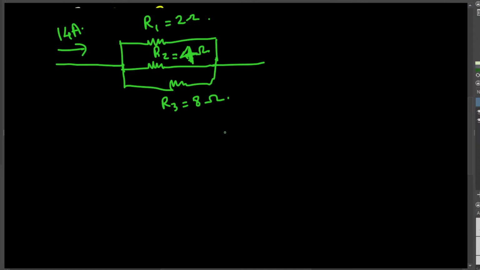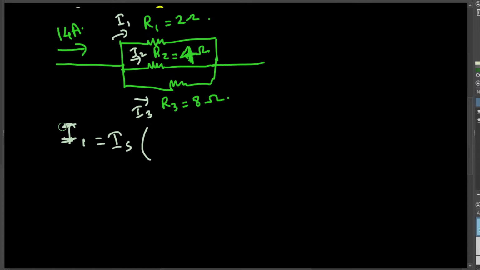Now to find this out, if you look at my last example, I used the current division. Like we did this formula, right? I is equal to whatever the current we are trying to find. Let's call this one I1, this one I2, and this one I3. To find the current, we put this formula: I1 is equal to I source times the other resistance on top, and then the addition of all the resistance, but that will work only if we have 2 resistances in parallel.